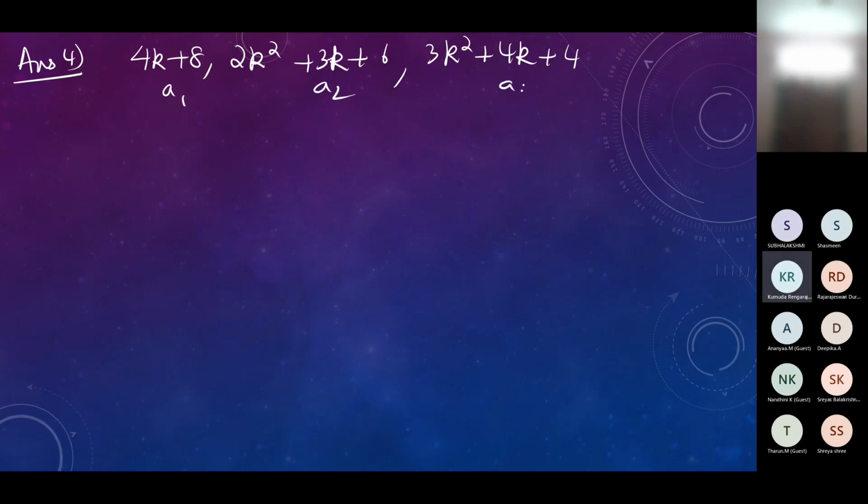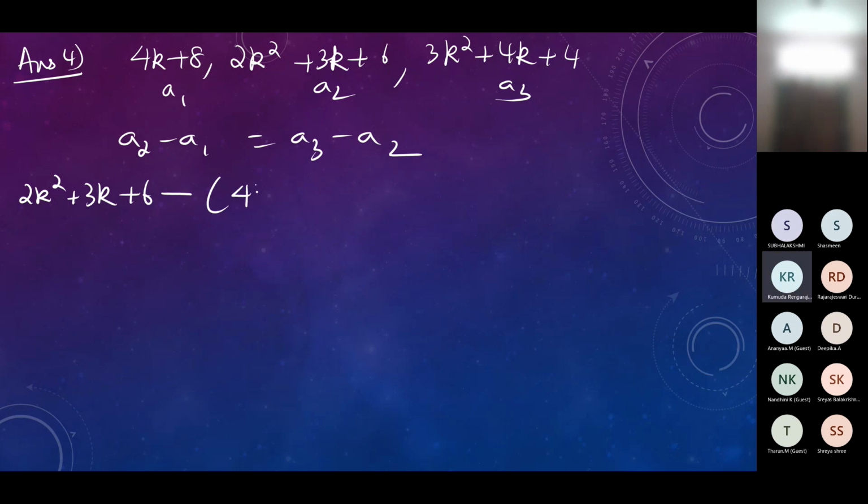So clearly A2 minus A1 is equal to A3 minus A2, which means 2k square plus 3k plus 6 minus (4k plus 8) is equal to 3k square plus 4k plus 4 minus (2k square plus 3k plus 6).